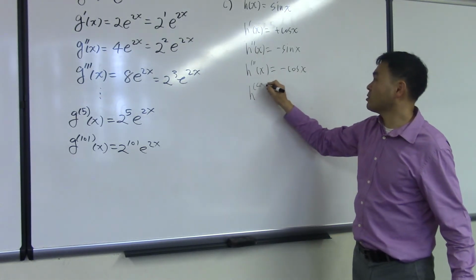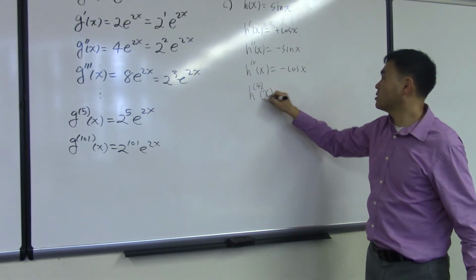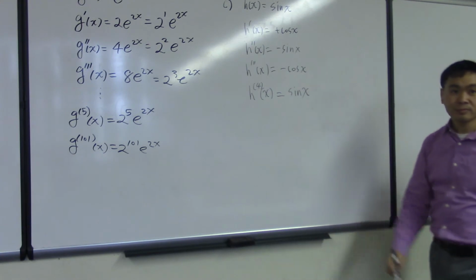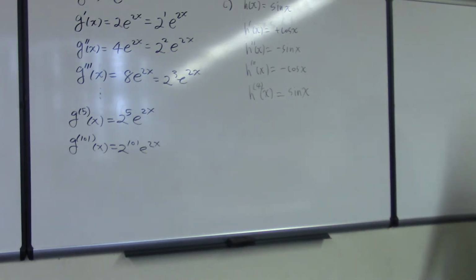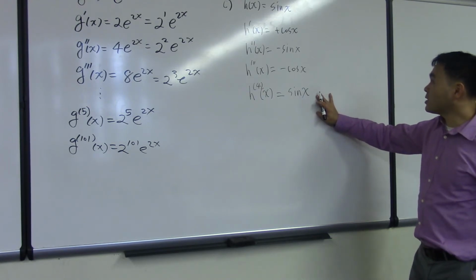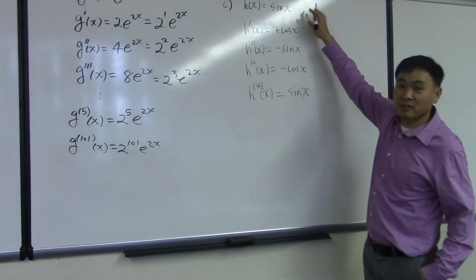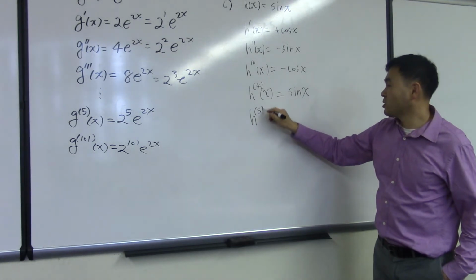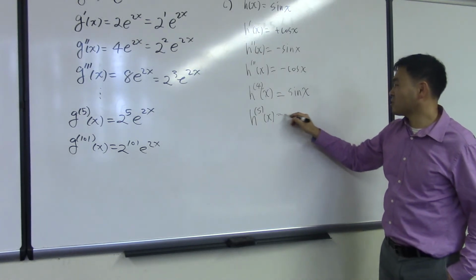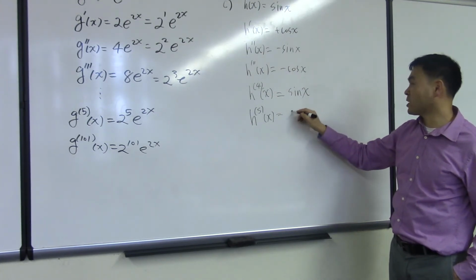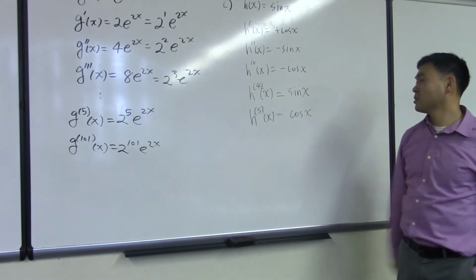And if you differentiate 4 times, you come back to sine of x. And then you see that it's going to repeat again, right? Well, we needed to explicitly compute up till here, so why not just differentiate one more time to find the answer for the fifth derivative?